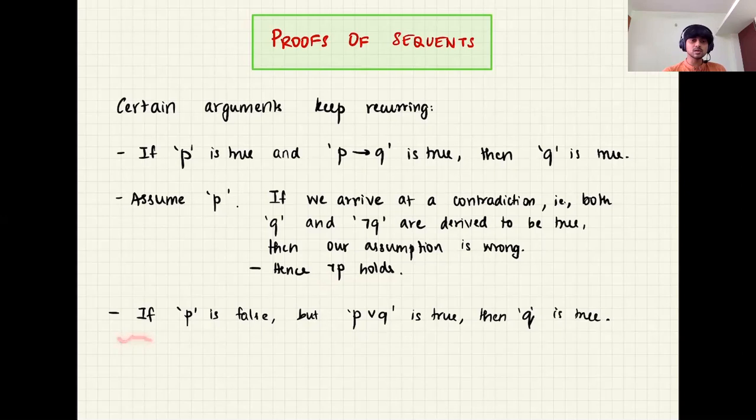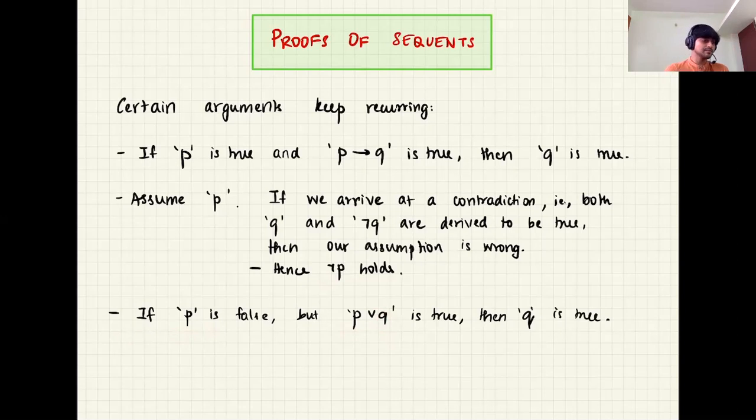Another thing we used was, suppose P is known to be false, but P or Q was true, then certainly Q has to be true. These are examples of the thought process that happened in most of the examples.